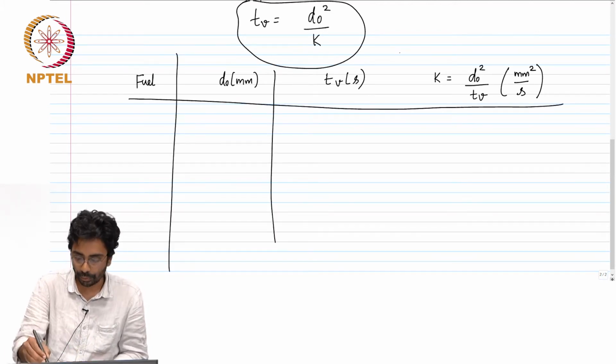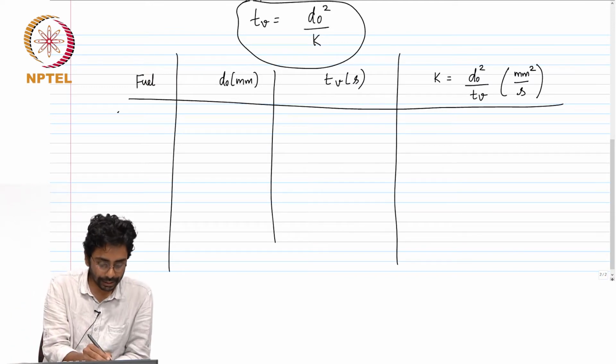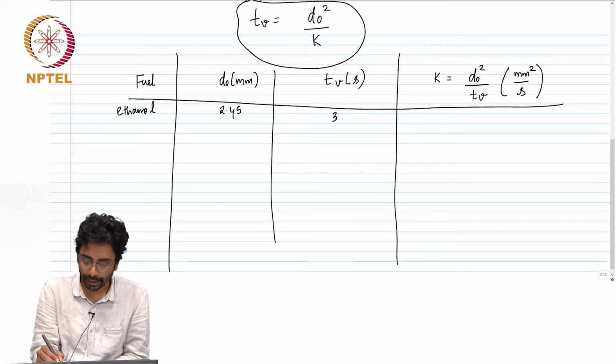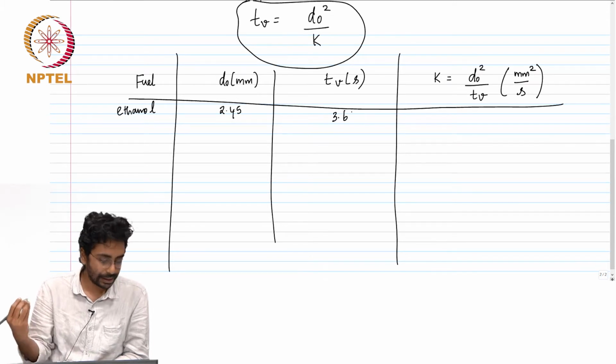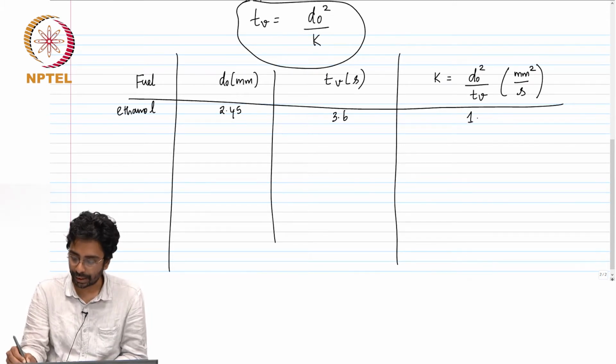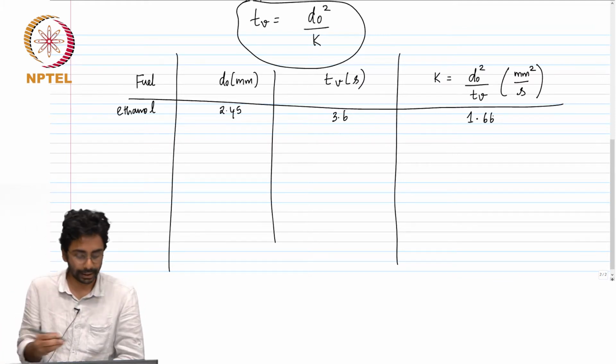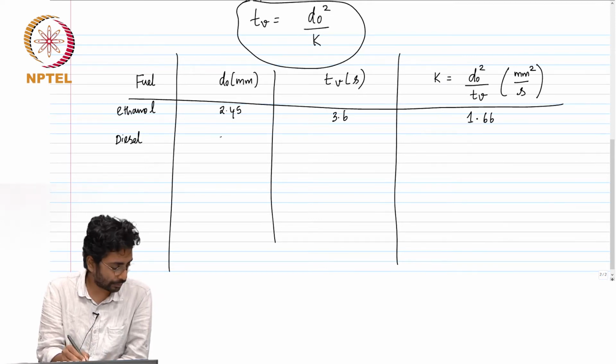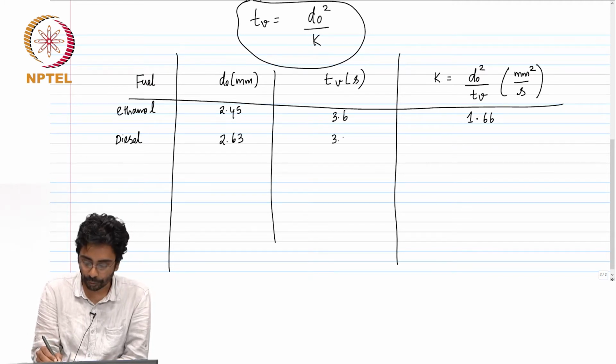Fuel, d0, Tv. Let us take ethanol. This is the first video that you saw. The diameter is 2.45 millimeters. The time from the experiment is 3.6 seconds, and therefore you can calculate this as 1.66 millimeter square per second. Diesel, the diameter was 2.63 mm, burn time was 3.44 seconds.